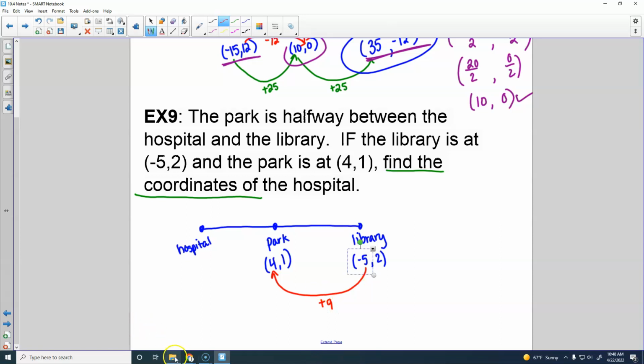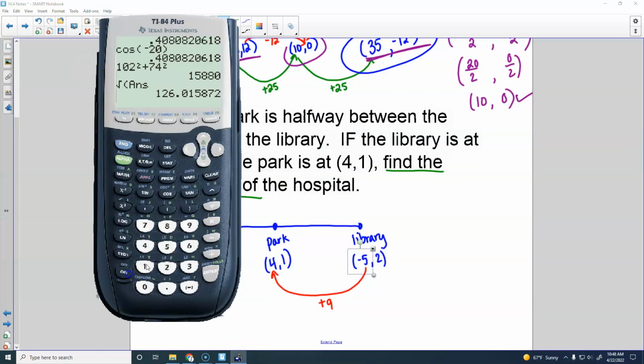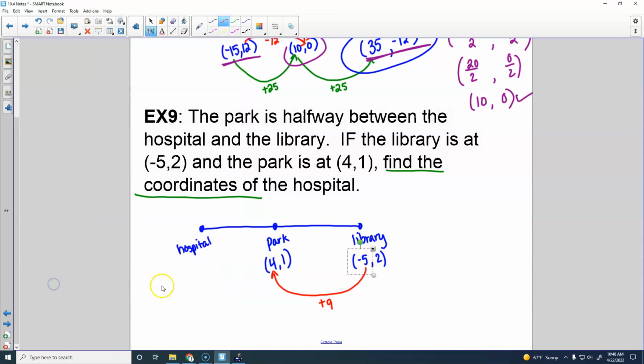If you're ever unsure about this, you can always grab your calculator, and to tell the difference between these, you can do 4 minus -5, and you'll get 9. You need to pay attention to whether you're adding or subtracting. Here we're adding because 4 is higher, right? Or you could do -5 minus 4. It gives you a negative, but you know 9 is the amount that you're going if you subtract those. So we add 9. So we would need to add 9 again to get the coordinates of the hospital here. And so that will give us 13.